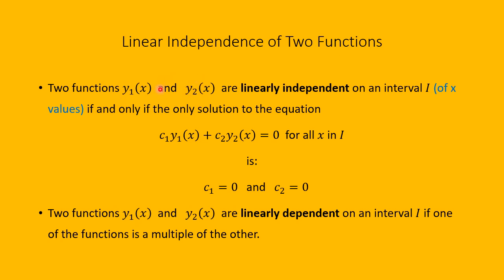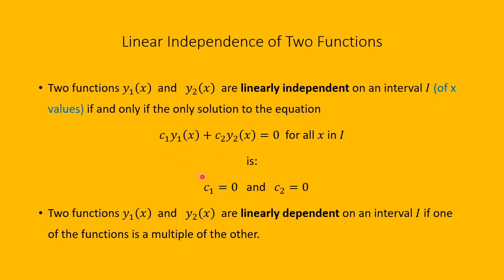These two functions are linearly independent on an interval I, and we can think of it as an interval of x values, if and only if the only solution to the equation c1 y1 of x plus c2 y2 of x equals 0 for all x in I is that c1 is 0 and c2 is 0.